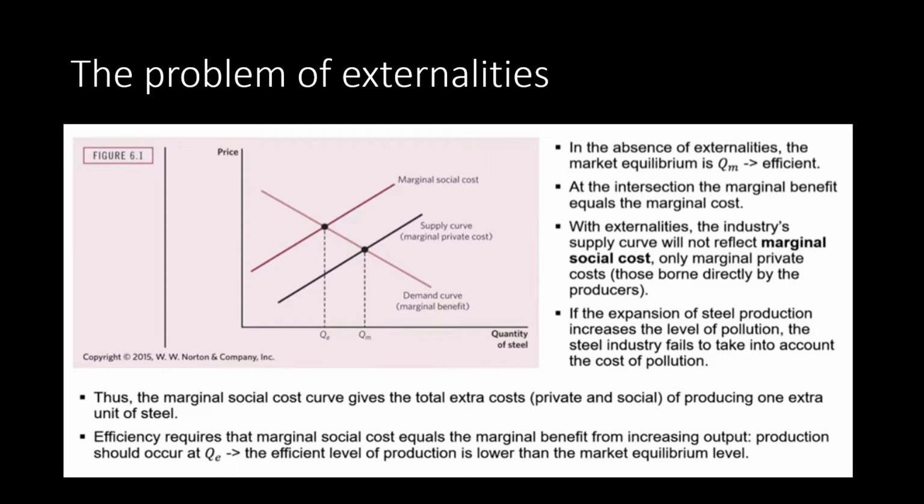Efficiency requires that marginal social cost equals the marginal benefit from increasing output. Production should occur at QE, which is the efficient level of production and is lower than the market equilibrium level.